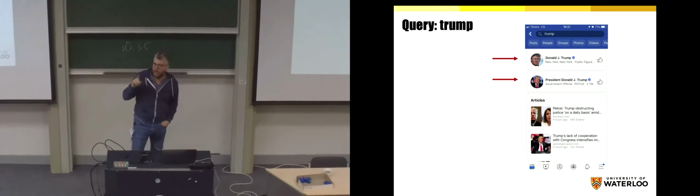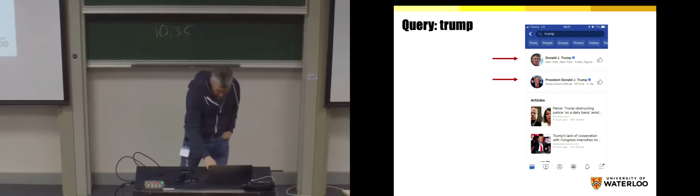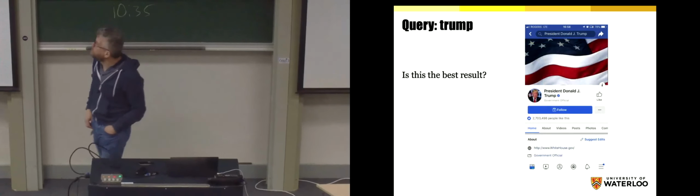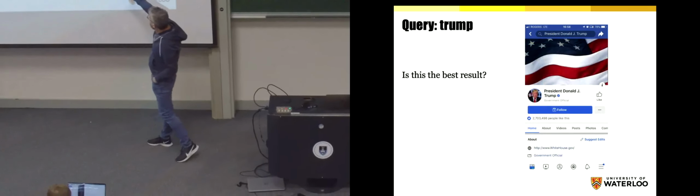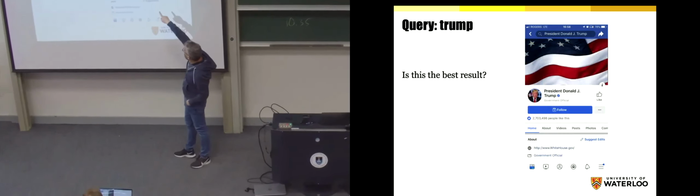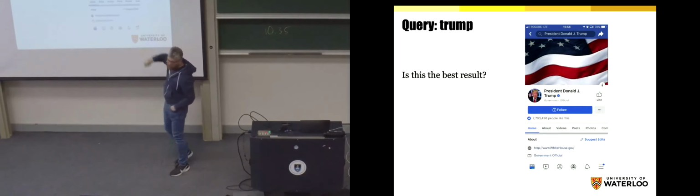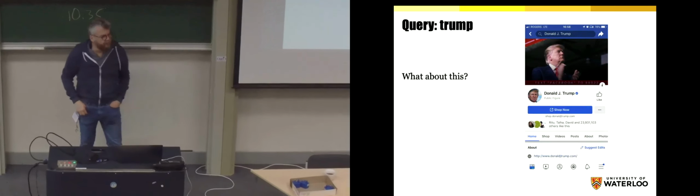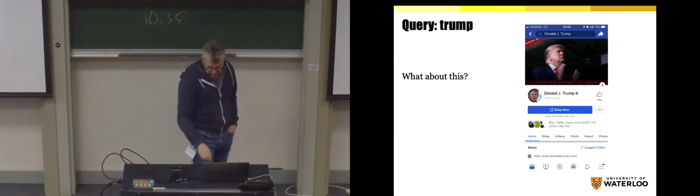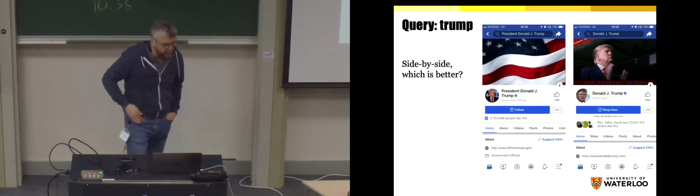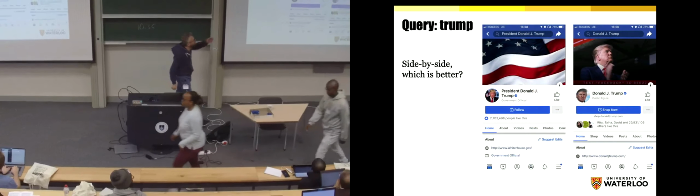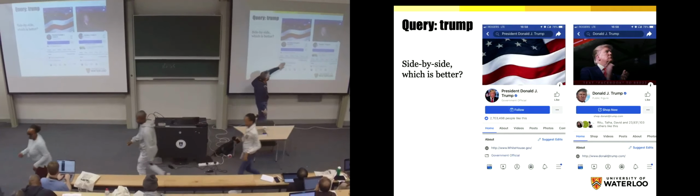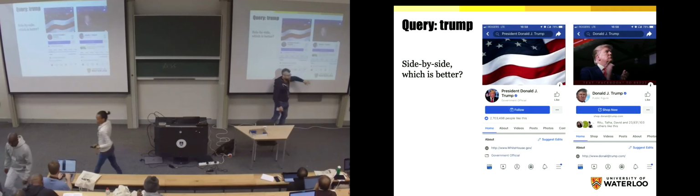So this is a quality signal that says it's really good. And the question is, which of these is the best result? This one, which is President Trump as a government official, or this one here, which is Trump as an individual. Okay? If I put them side by side, someone types Trump, government official, public figure.